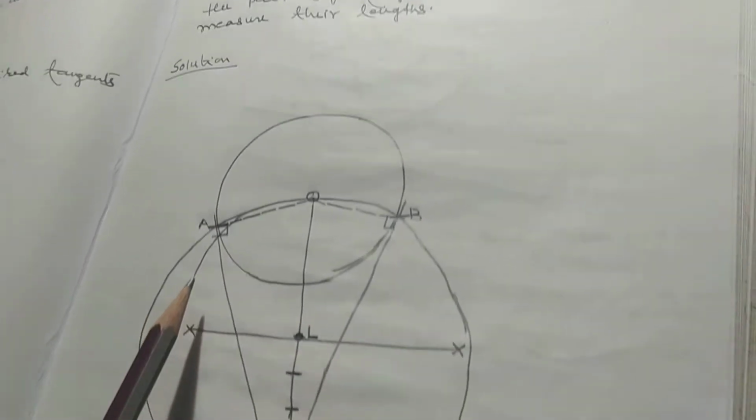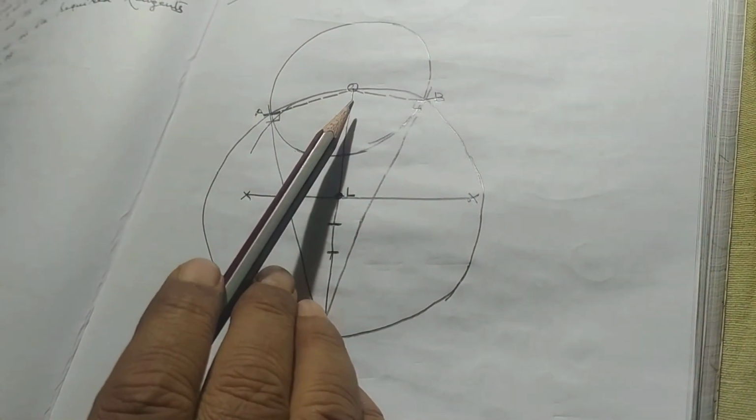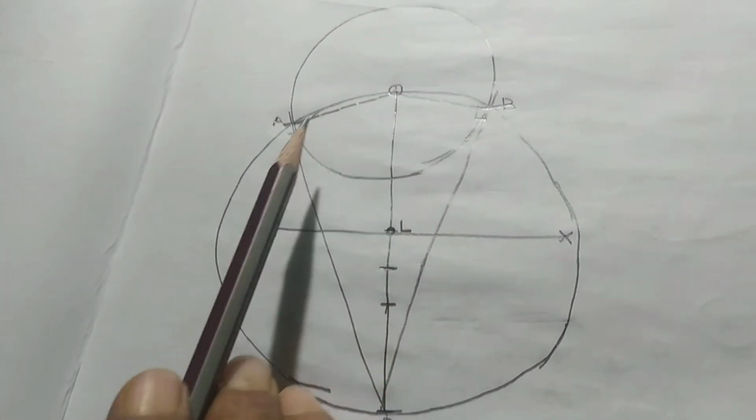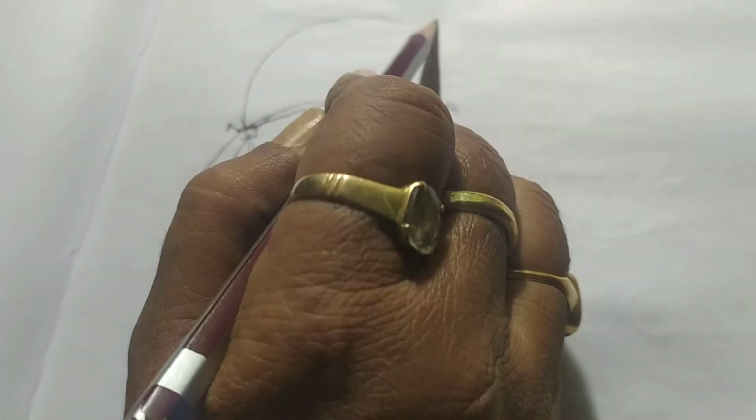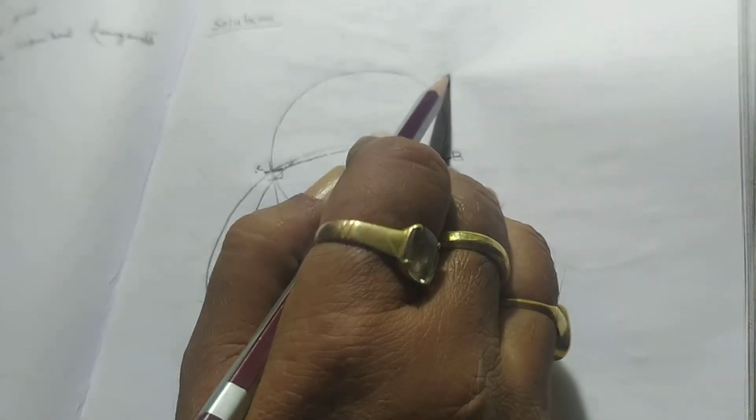Here, what do you observe? This is a circle.